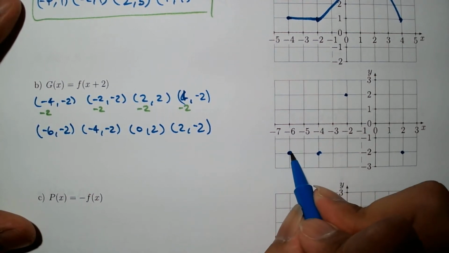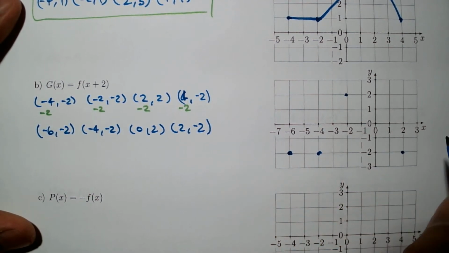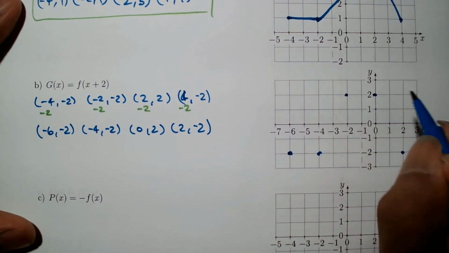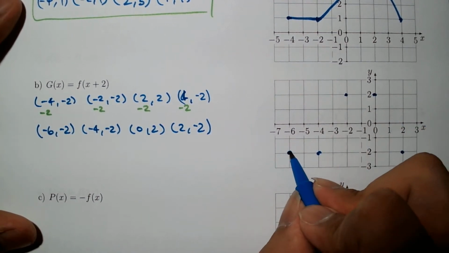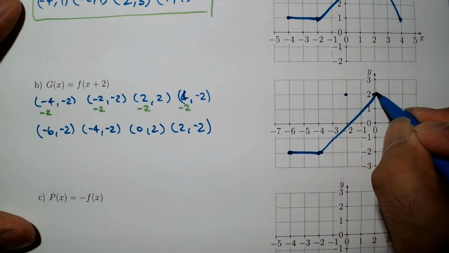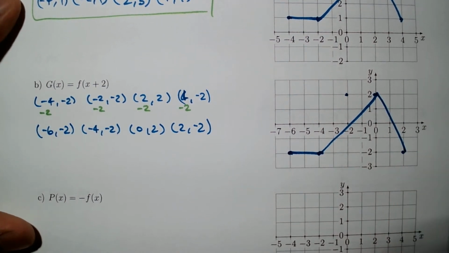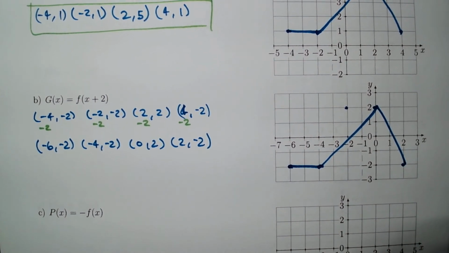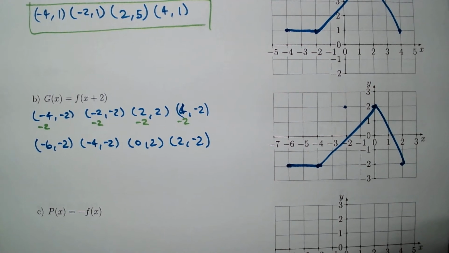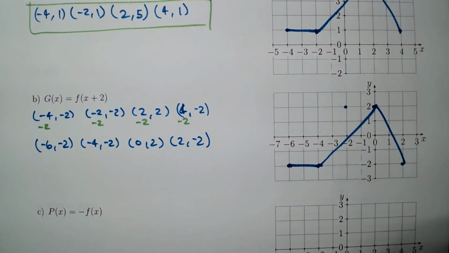So basically the same graph as the one that we have. Wait a minute, it is 0, 2, not negative 2 comma 2. So this graph didn't get shrunk or compressed. It was only shifted to the left by 2 units. Now, what are we going to do with the next graph?